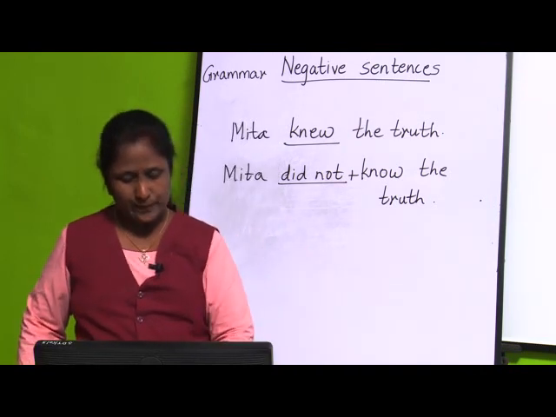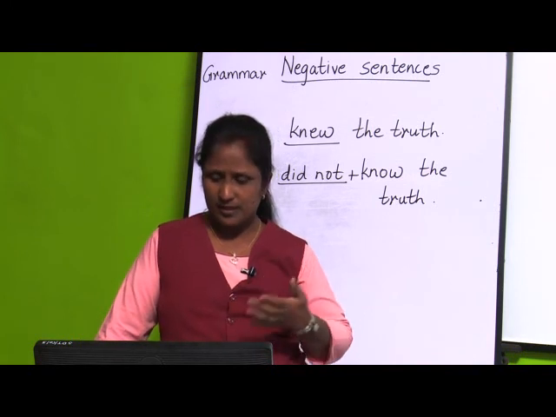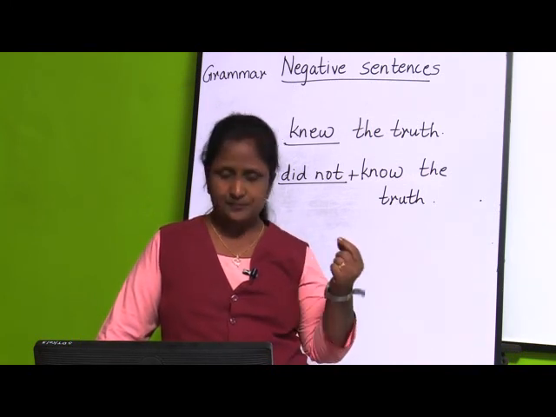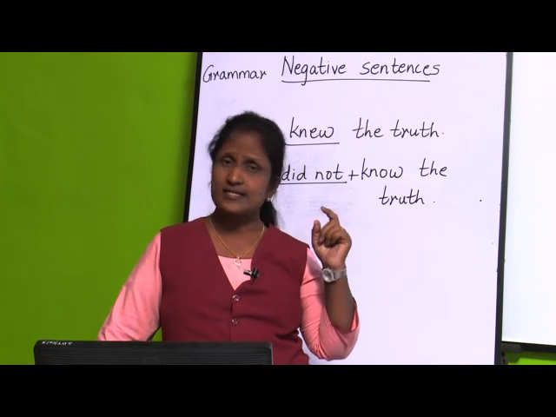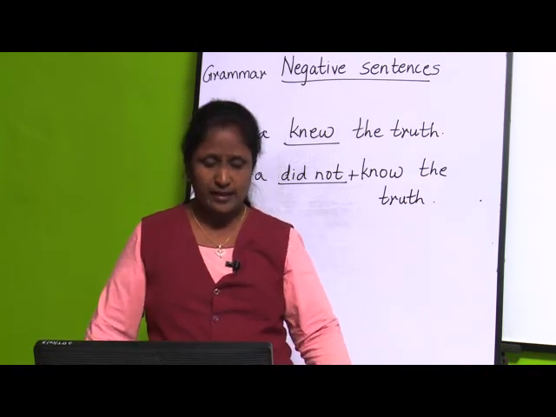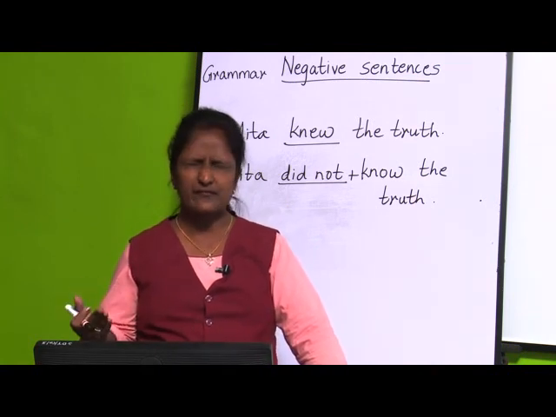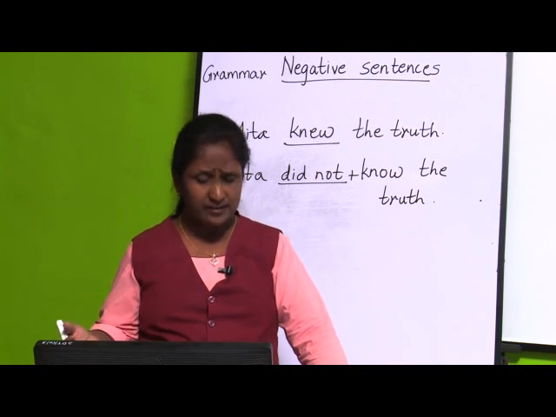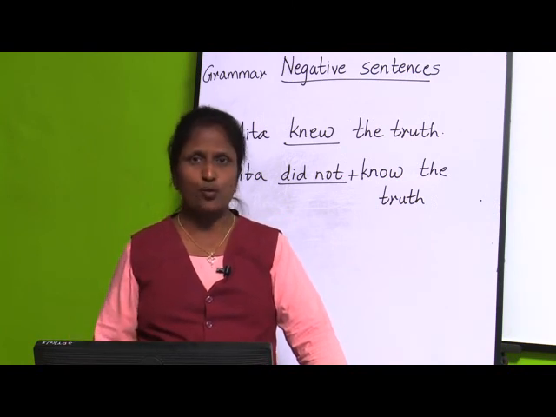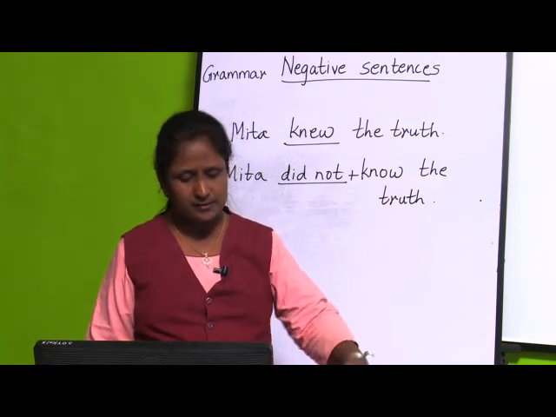And I told you, if the be form of verb is there like am, is, was, are, were, we use the word not. Then we write the short forms also. And if the verb is have, has or had, we use no negative word.